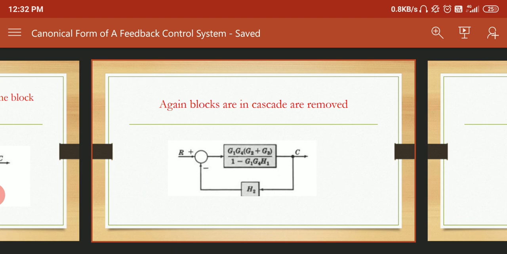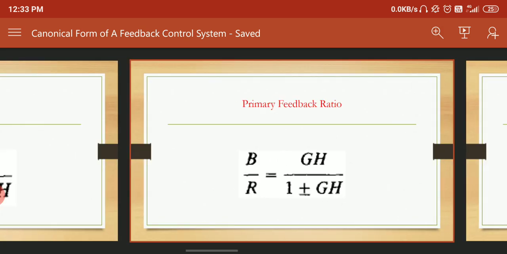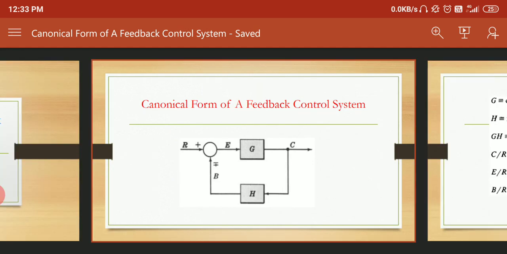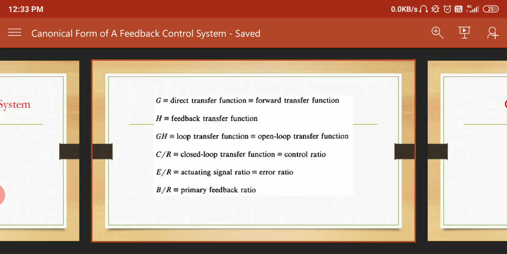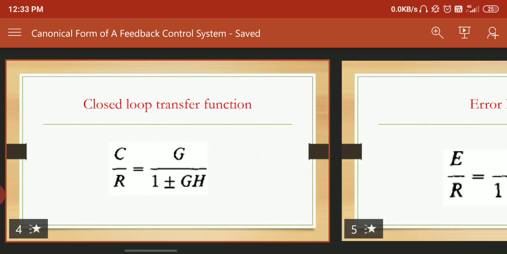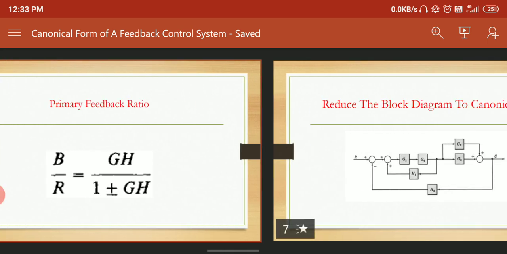And this form is in canonical form. The upper part is G, and the lower part is H. In this way we can get R, E, C by using these formulas, and by using G and H we can calculate the closed loop transfer function, error ratio, and primary feedback ratio.